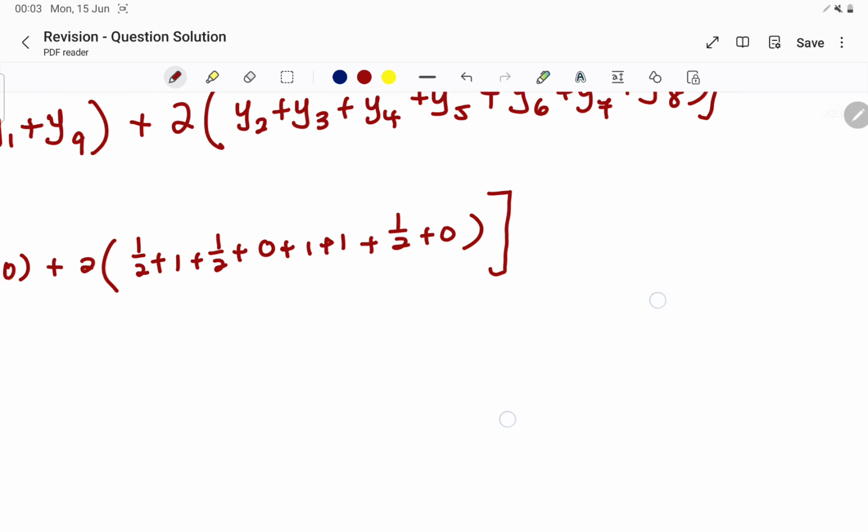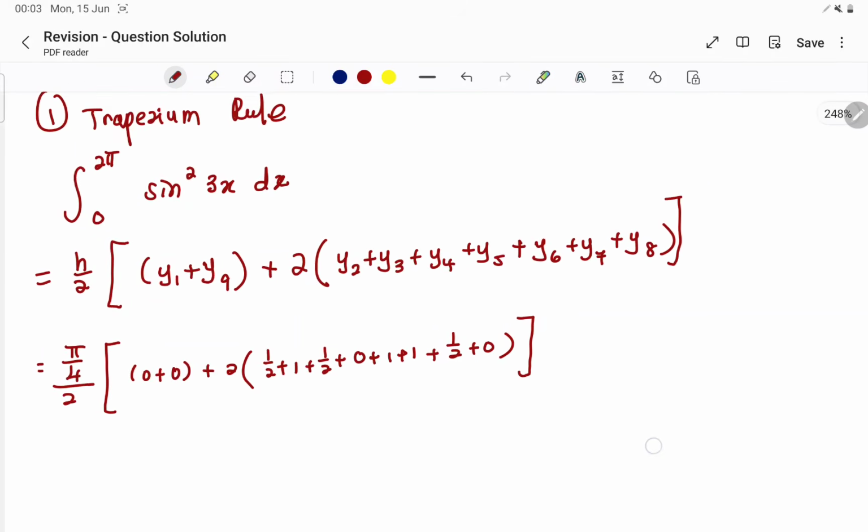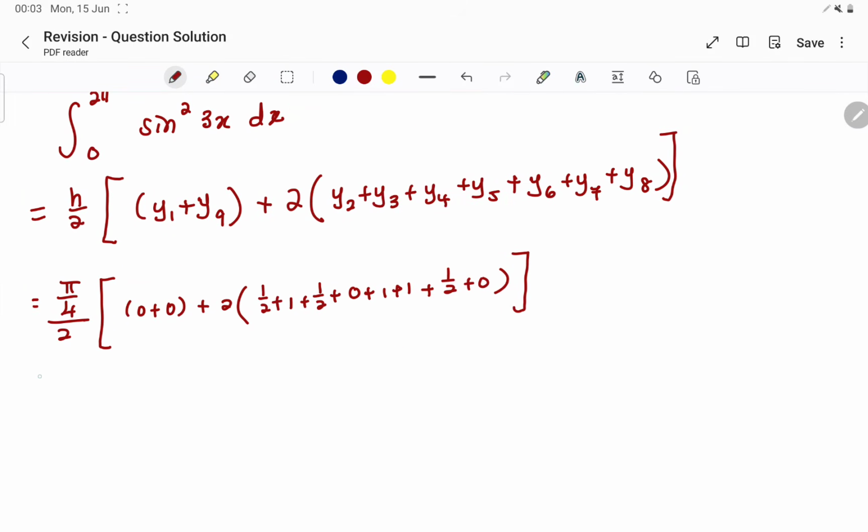Then you just calculate. Here pi over 8, and inside the bracket you get 9, so the answer is 9 over 8 pi. That's it for the trapezium rule.